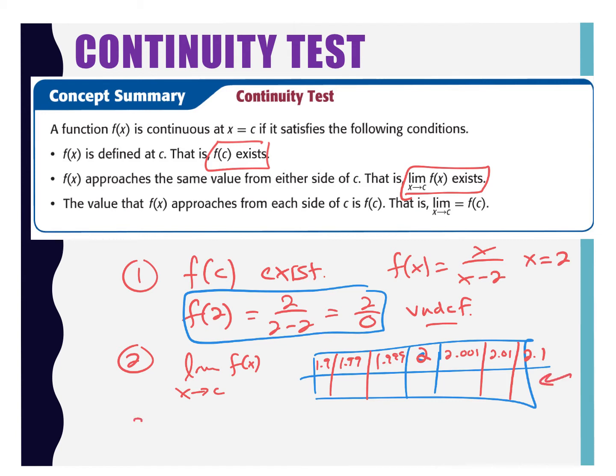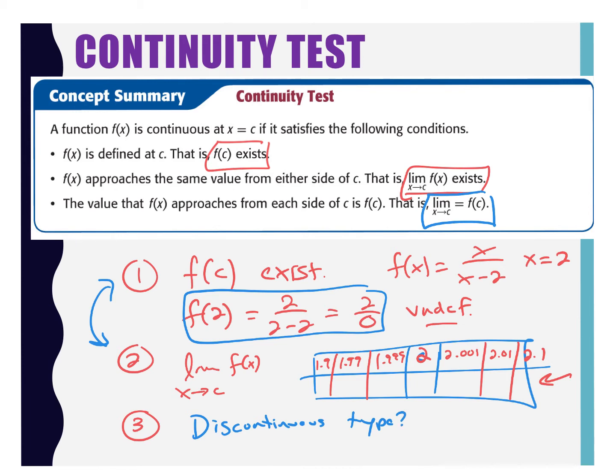Based on your outputs, step 3 is basically you're going to see if these 2 steps are equal to each other. Does your step 2 equal step 1? If it doesn't, you're going to say it's discontinuous, and you're going to tell me the type, okay?